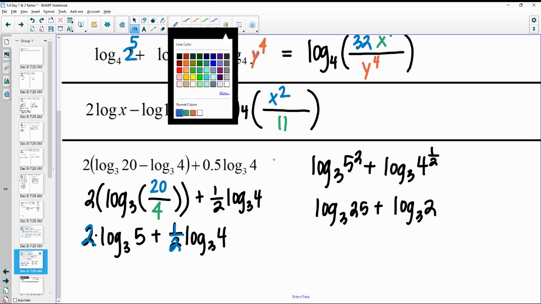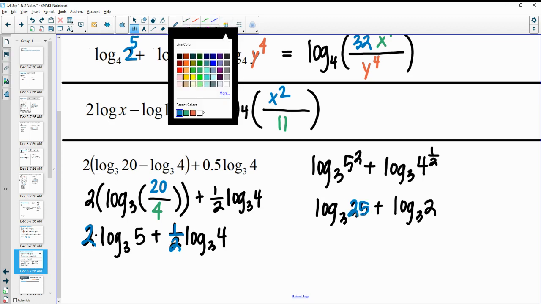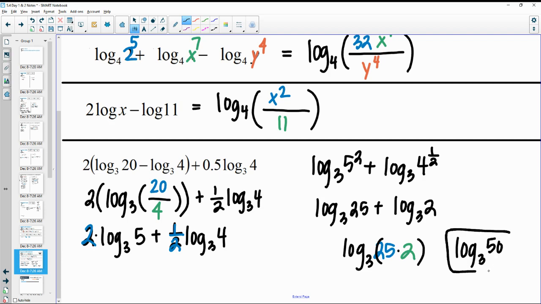So now we can put these 2 logs together. We're adding these 2 logs of the same base, so we can combine them back to 1 log and just multiply these insides, right? 25 times 2. So then this simplifies to the log base 3 of 50 as our final answer.